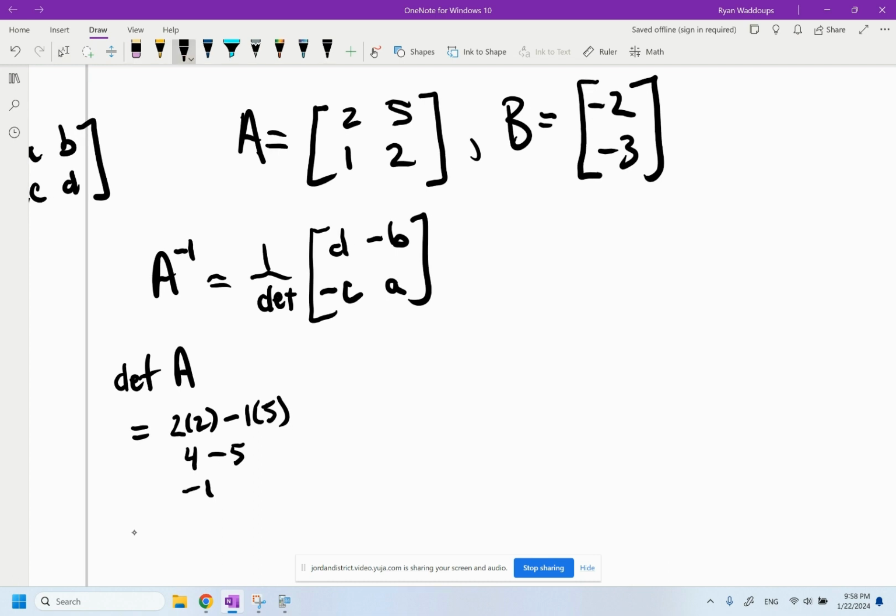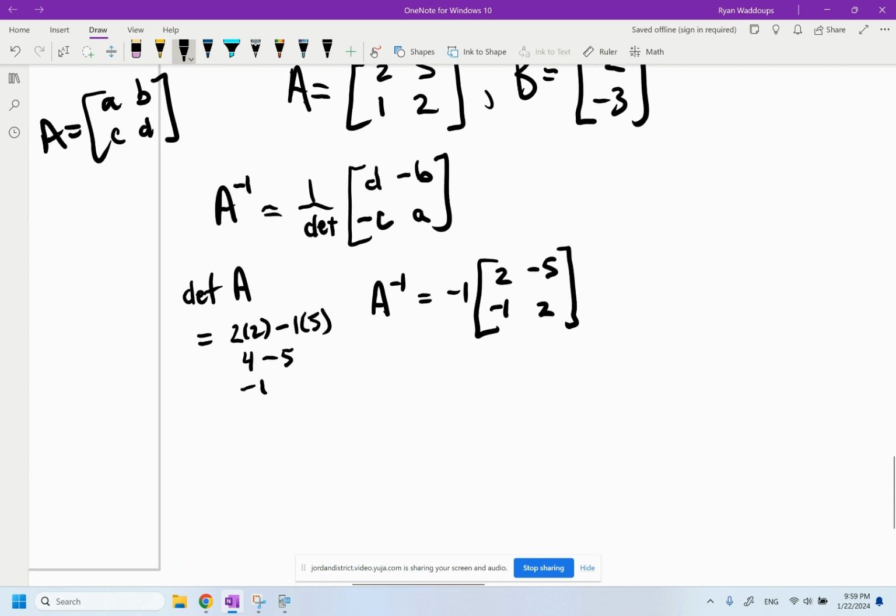So what we're going to get for our particular instance is that the inverse of A is -1 times the matrix where the 2s switch places, still both 2, and then 5 and 1 stay where they're at, but they become negative. So -5 and -1.